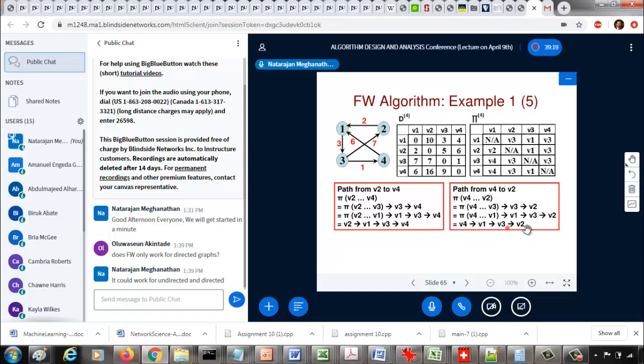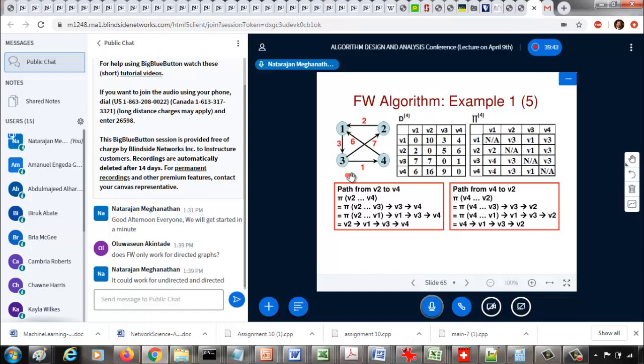From V4 to V2, this is the combination that we have to choose for a shortest path distance. For any other case, say from V3 to V4, it says V3 is the predecessor. That means just go on the edge from V3 to V4. That is the shortest path distance. Okay, we don't have to really consider the other two vertices as intermediate vertices.